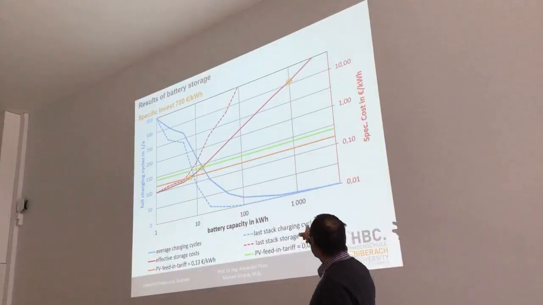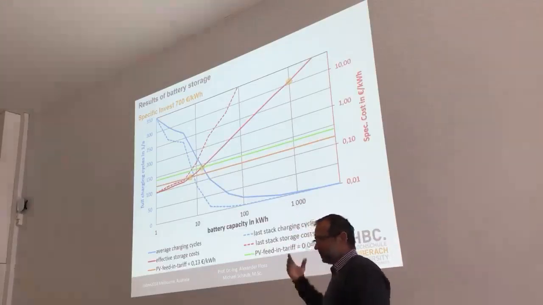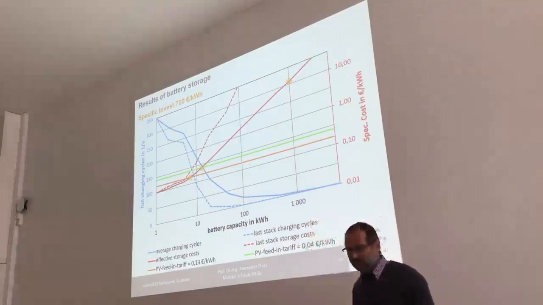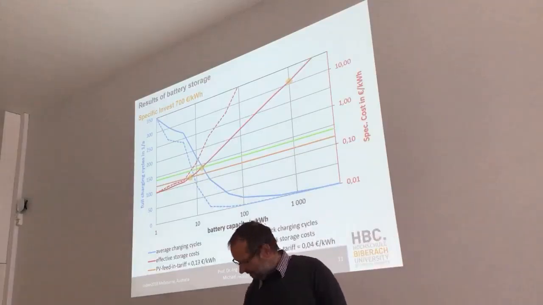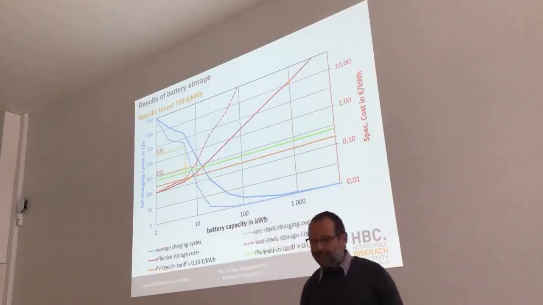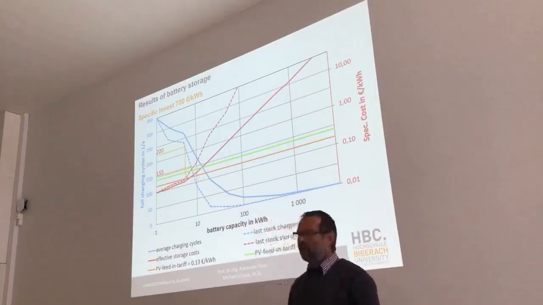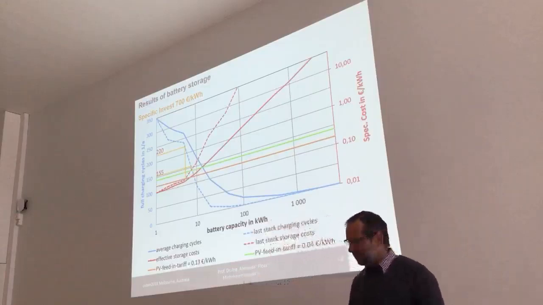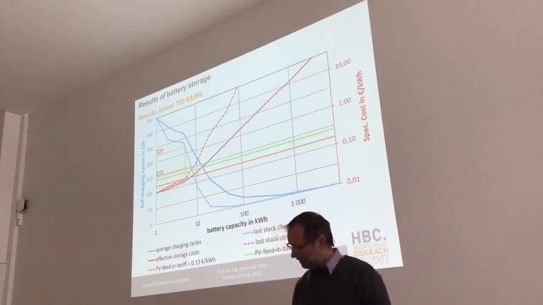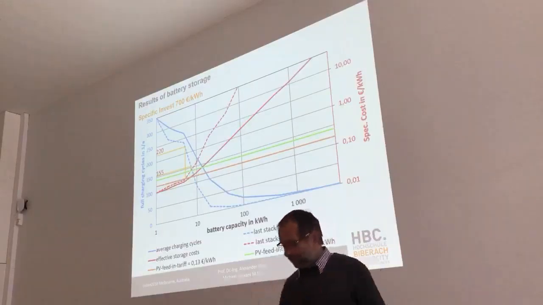Imagine you have a battery of 1,000 kilowatt hours, which is just charged 60 times during its lifetime. That can't be economical. So depending on the feed-in tariff, between 155 and 220 full charging cycles of each battery cell are necessary to operate under economic conditions. So it doesn't make sense to build the batteries too large.